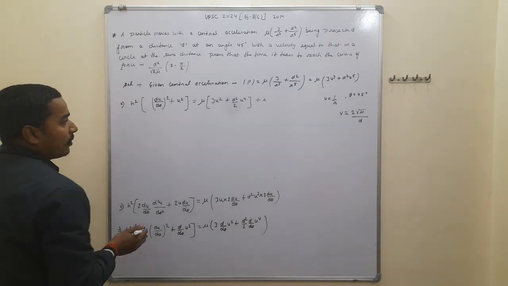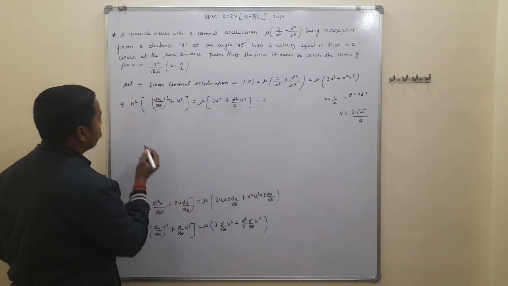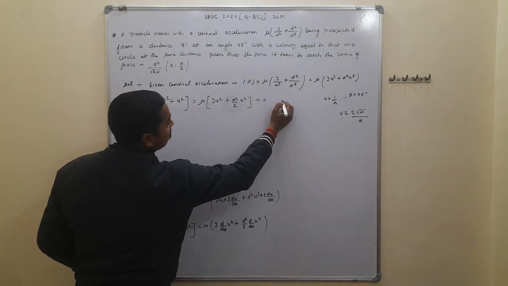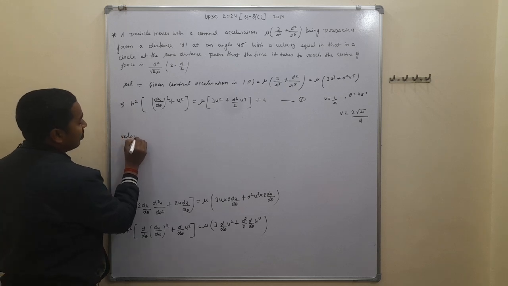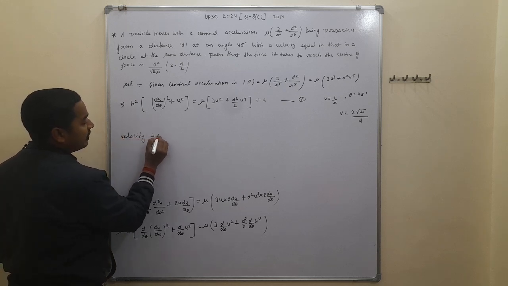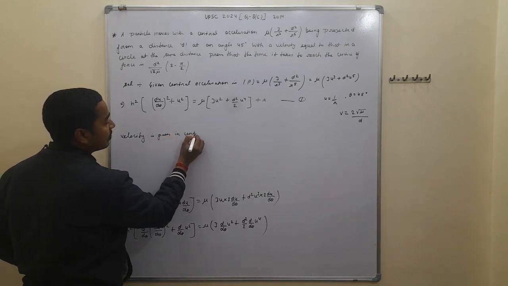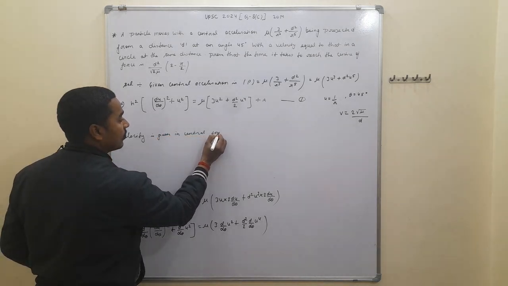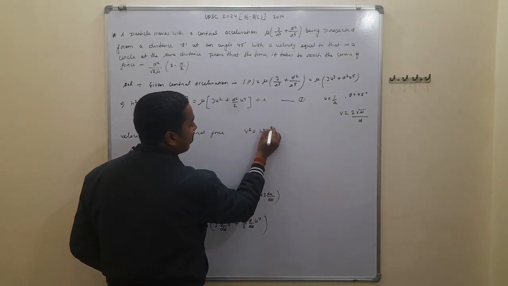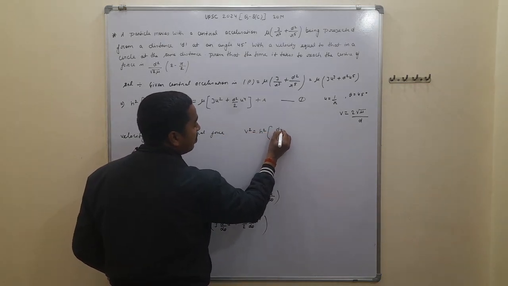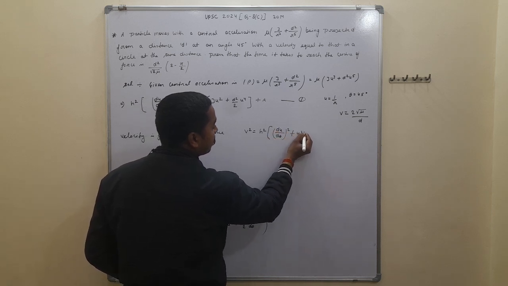Further, we have to know that velocity in central force is given by, let this be equation 1, that v square is equal to h square into (du upon d theta) whole square plus u square.